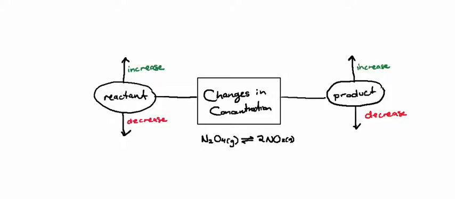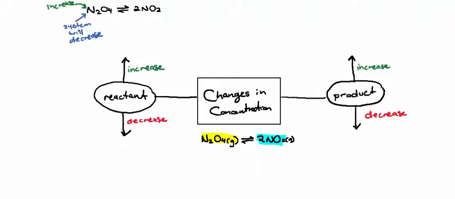So as we have a look at this, we're just going to consider the reaction shown here, which is basically the conversion between these two different oxides of nitrogen. So firstly, we'll have a look at what happens if we increase the concentration of the reactant. To counteract this increase in concentration of the reactant, the system will want to decrease the concentration of that reactant.